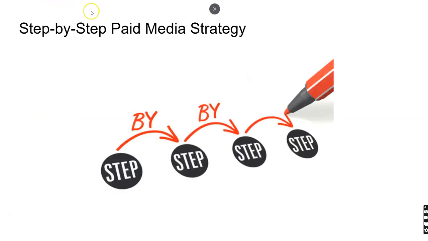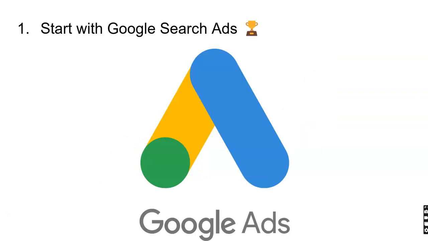So, this is my step by step guide and strategy to actually running a paid media, pay per click digital marketing strategy. I suggest first starting with the Google search ad.